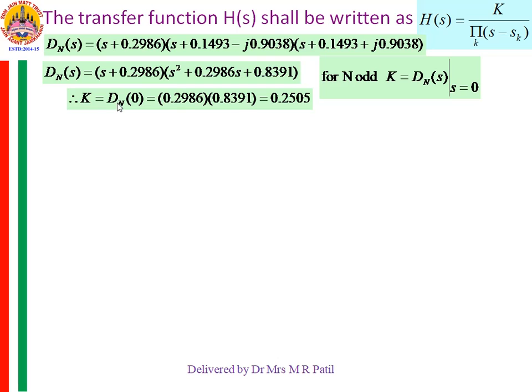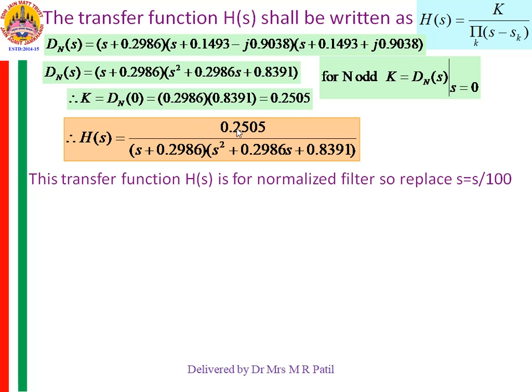So multiply these two and get K. Therefore, K is equal to the product of these two, that is 0.2986 into 0.8391. If you verify, you will get K is equal to 0.2505. Therefore, now my H of S is 0.2505 divided by S plus 0.2986 times S square plus 0.2986 S plus 0.8391.